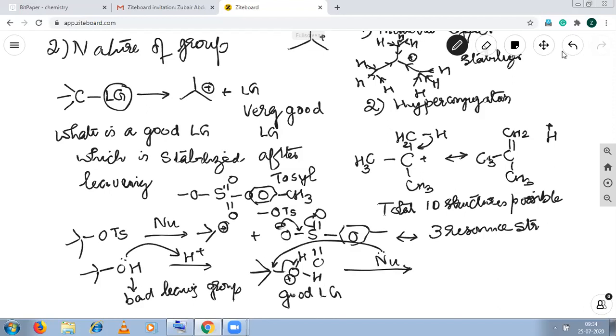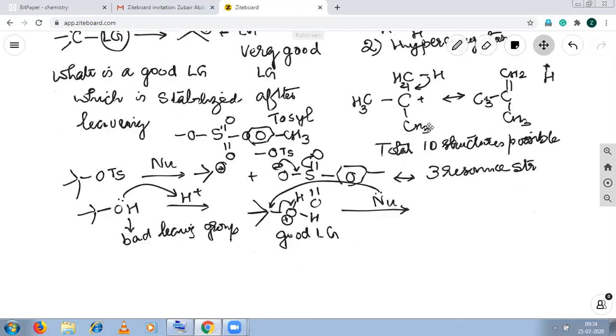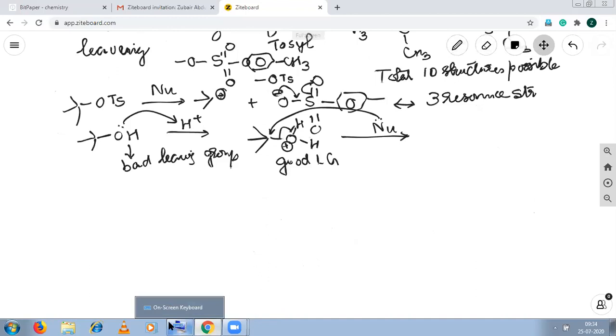Now see another one. If I think about another leaving group like this, suppose I got a benzene ring here, and then suppose I got an N triple bond N group.